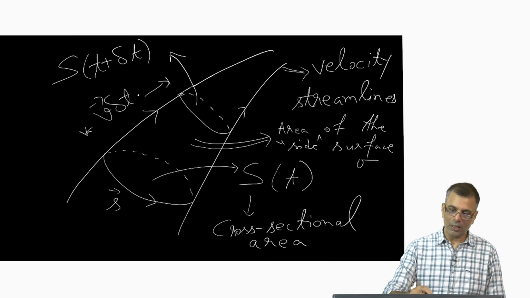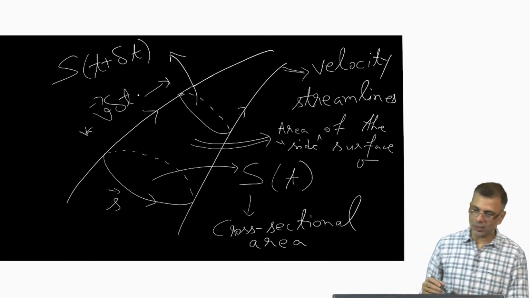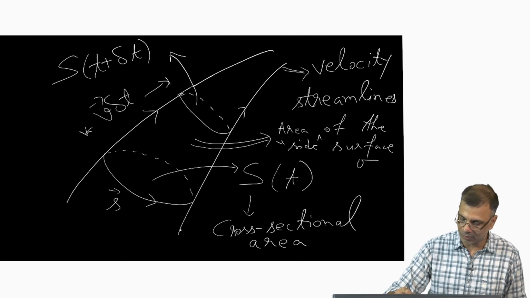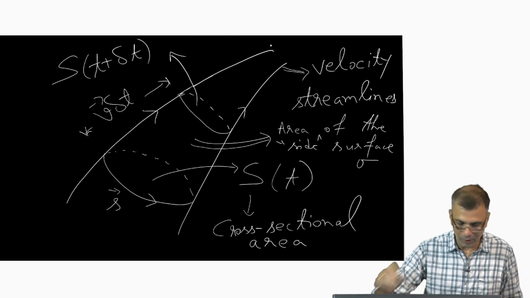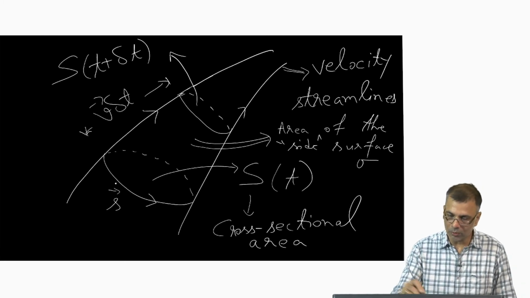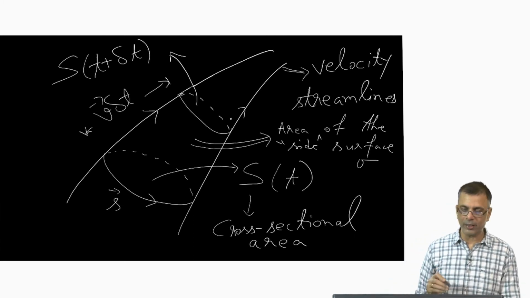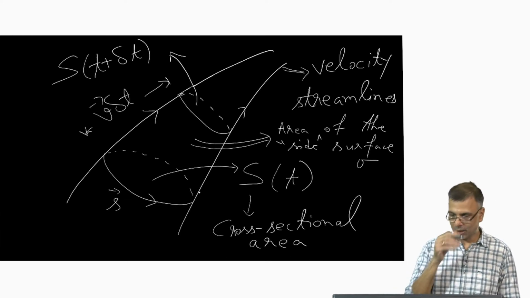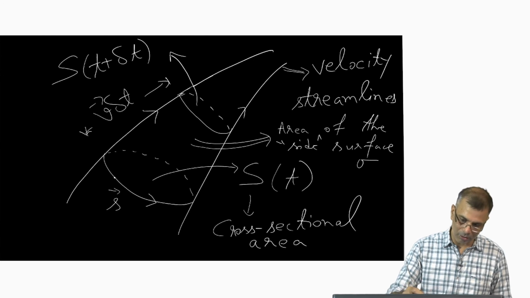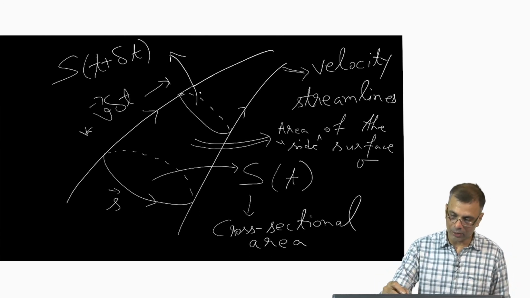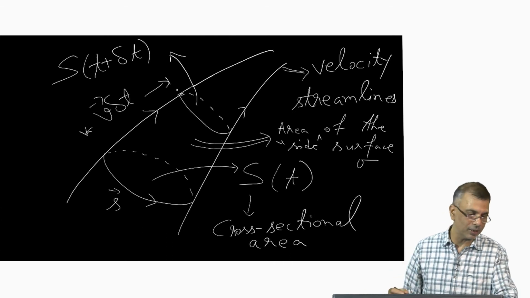Just to re-emphasize, these are the velocity streamlines, and these two loops are separated by a time interval delta t. This is the loop at time t, and this would be the loop at time t plus delta t.